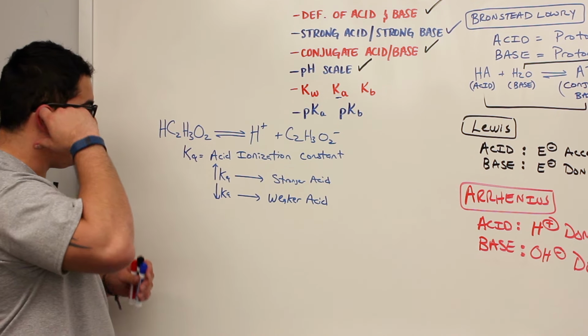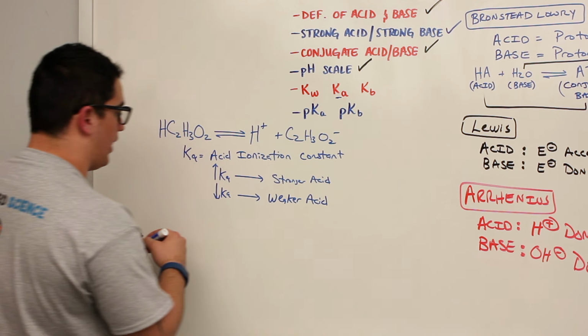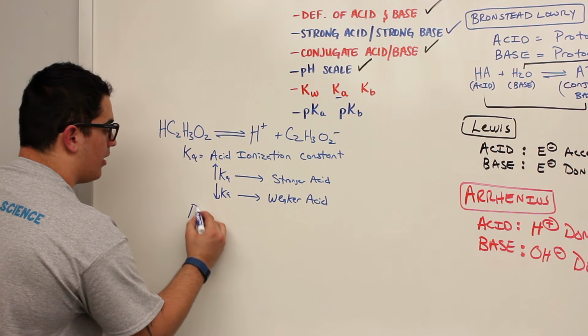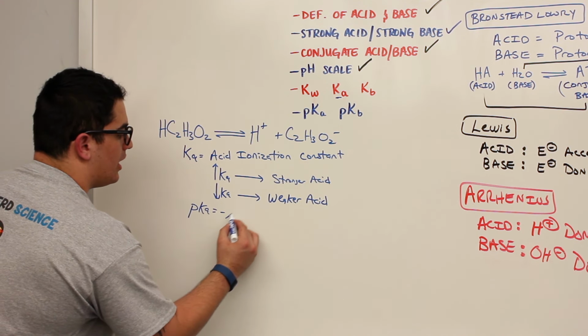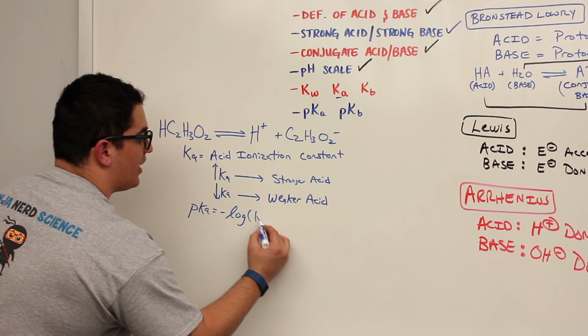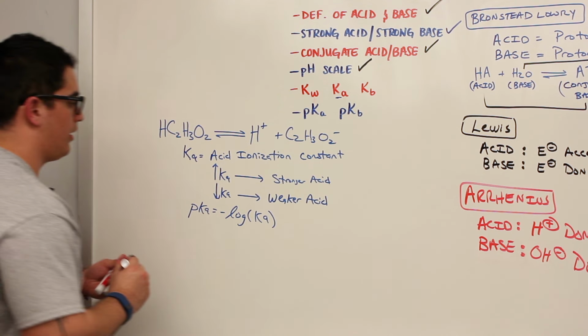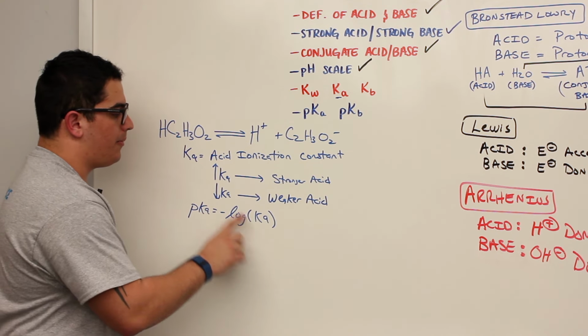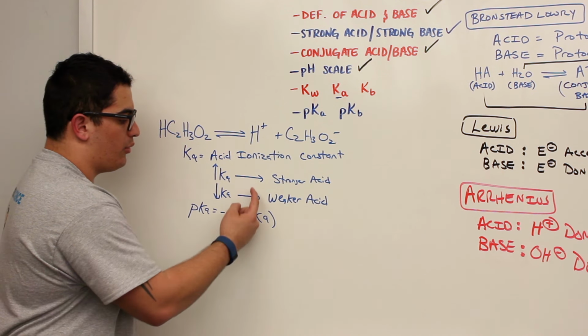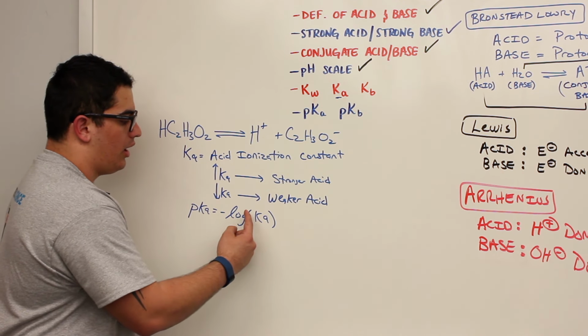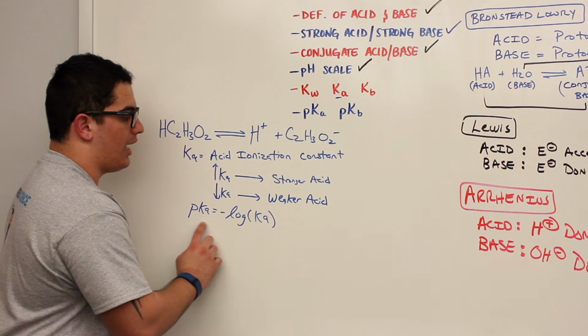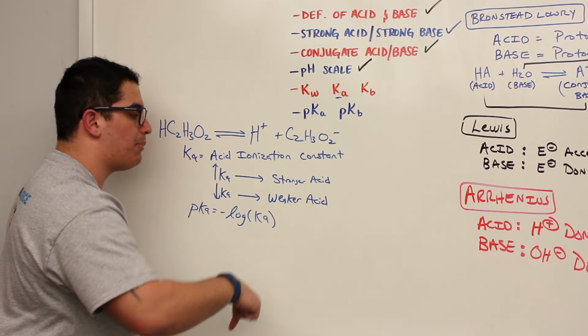So pKa, you can actually calculate it because pKa is the negative log of the Ka. Now if I said that a Ka was really, really big, and I wanted to figure out pKa, pKa is the actual opposite.